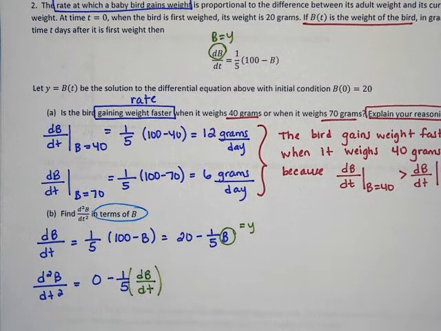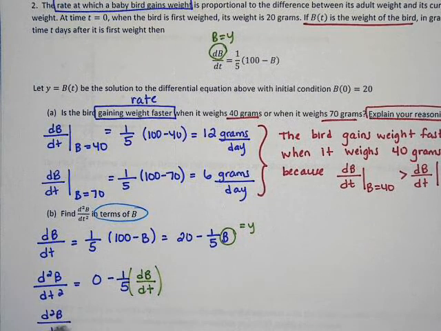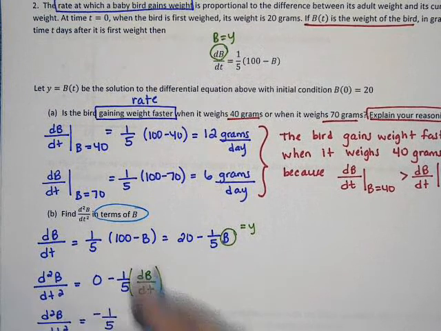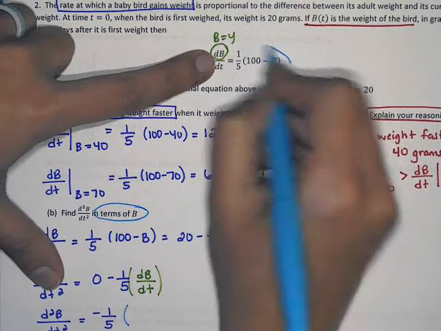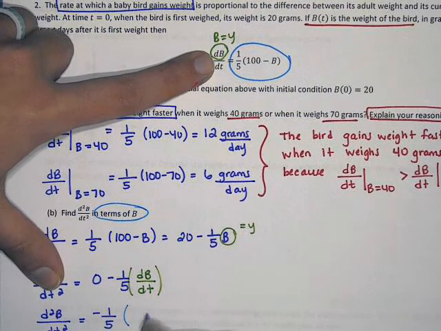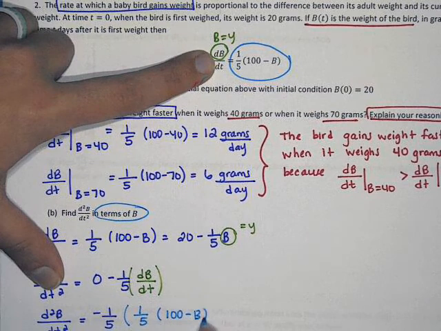So we would write d squared b over dt squared equals negative 1/5 times, and instead of db dt, I'm going to substitute this original equation that we had up here, 1/5 times 100 minus b.